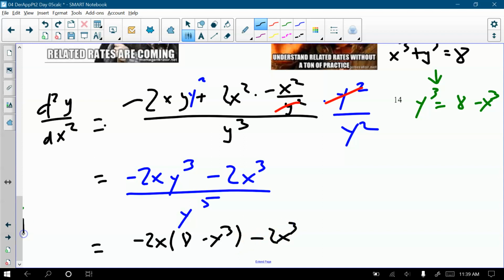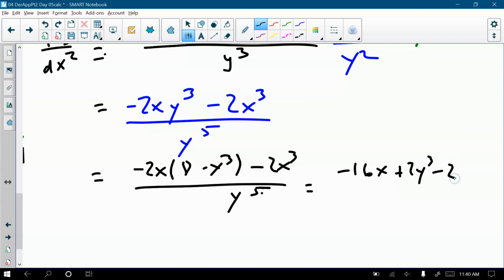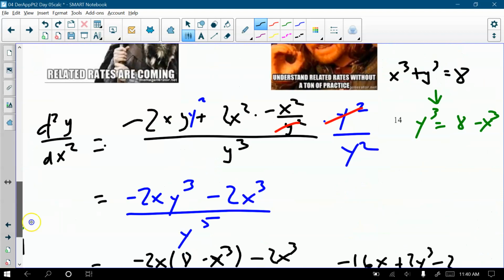I really hope that's negative 16x. Okay, let's see here. Over y to the fifth. Okay, let's go ahead and distribute. So we got negative 16x plus 2y cubed minus 2, what's an x? Hold on, I went too fast. What's the answer supposed to be? Negative 16x.